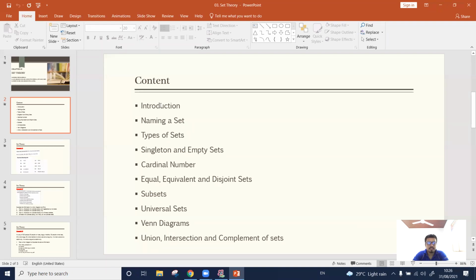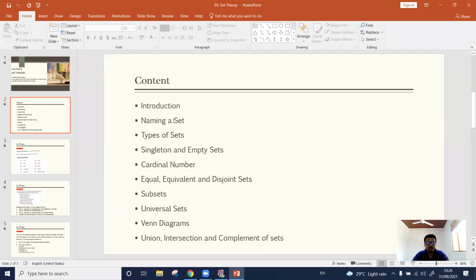What is a set? Why do we need sets and how to represent sets? Those we have discussed under the introduction part. And how to name a set? When naming a set we need to use an English capital letter, and when there are letters as elements we need to use simple letters, and elements cannot be repeated in a given set.